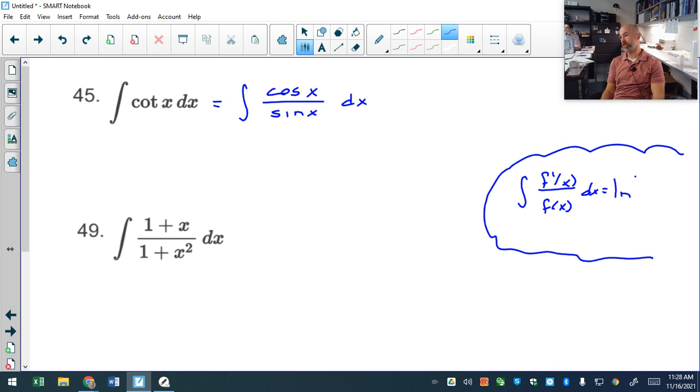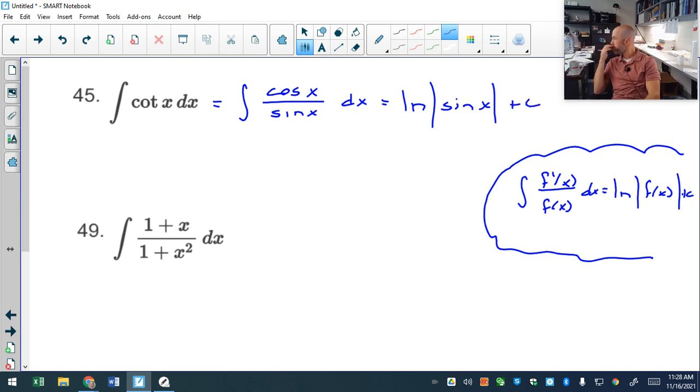So the antiderivative is natural log of the bottom, right? That's one of my favorite antiderivatives. They're the easiest ones to me because it's almost recognition. And at this point, I see that cosine is the derivative of sine. I'm not going to do any u work at all. I know that that's going to end up being the natural log of sine x. Don't forget the absolute values. Good?